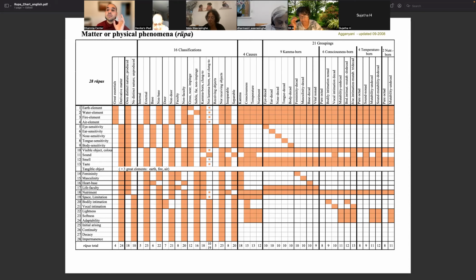The temperature-born mutability deals with the pliancy, the lightness, the adaptability of the rupa beyond the scope of, or stemming from, the need to move.